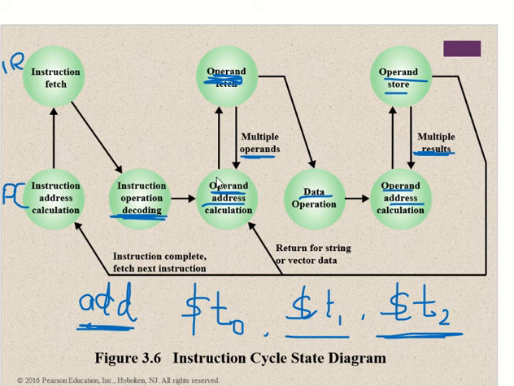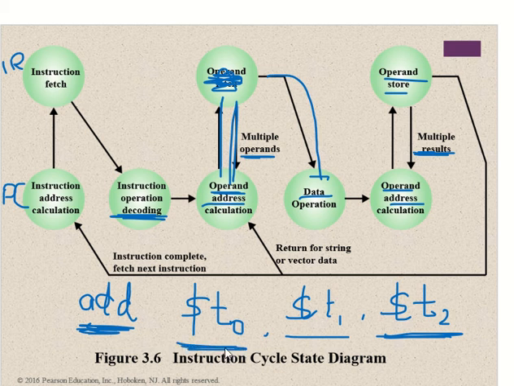So this is a loop. Can you see it goes and comes. You still have the second operand, which is T2. Take the value. Operand fetch means take the value. After you finish with the source, you do the operation, which is addition. After you finish the addition, I have to put the result in T0.